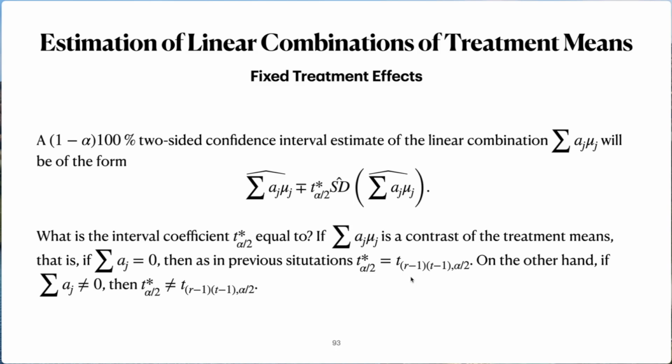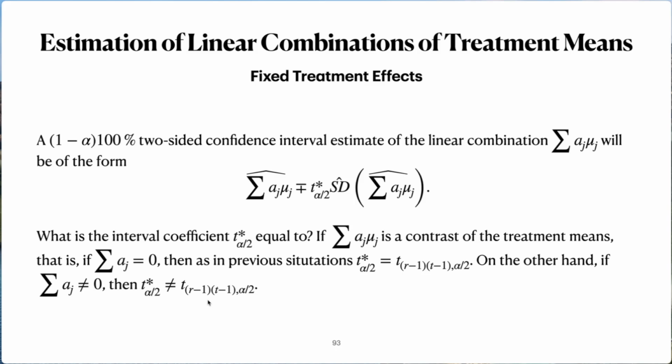But on the other hand, if we're not dealing with a contrast, in other words, if the sum of the coefficients is not equal to 0, then the actual interval coefficient does not come from the t distribution with r minus 1 times t minus 1 degrees of freedom. It has a different distribution.